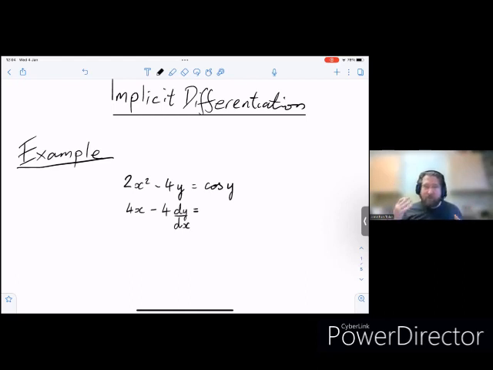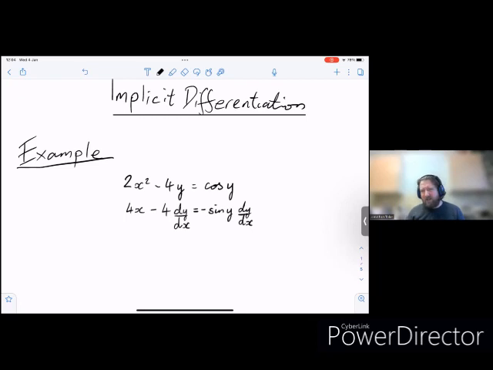Okay, so for example, it doesn't just work for polynomial curves, it works for the trig functions as well. So cos y, when you differentiate cos y, it becomes minus sine y, and then we've got to multiply that by dy by dx.